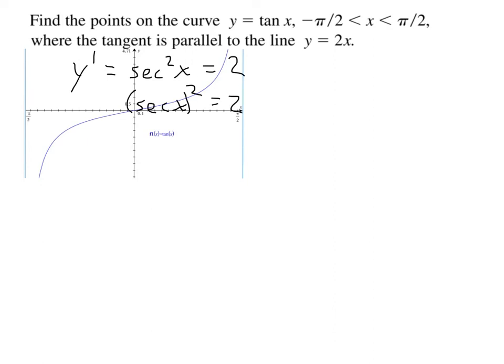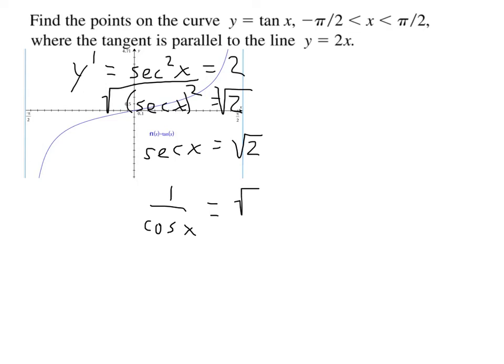Now I can go, okay, I know this is the square root and square root, so that leaves me the secant of x equals the square root of 2. And from there I can change secant to 1 over cosine of x equals square root of 2.